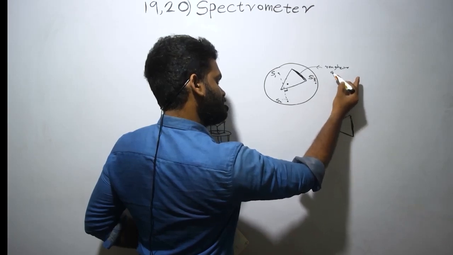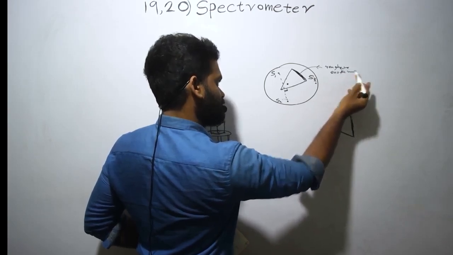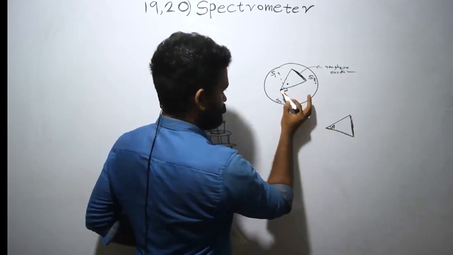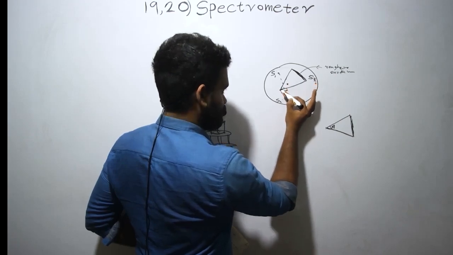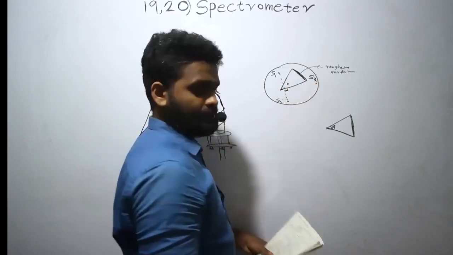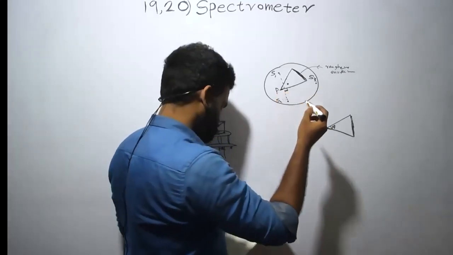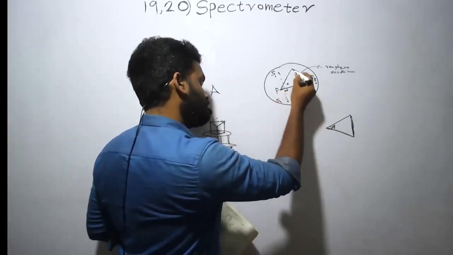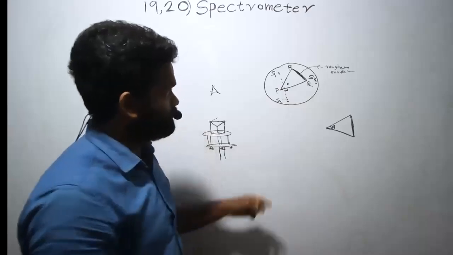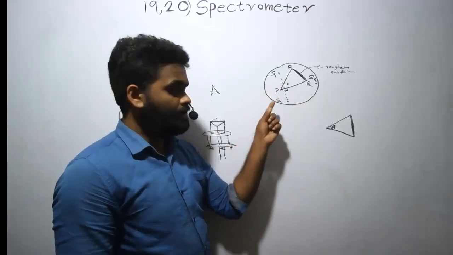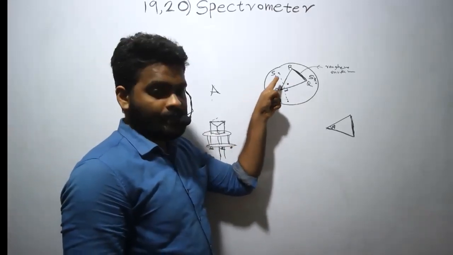Understood? Let's say these are P, Q, R. So this is how you place it.